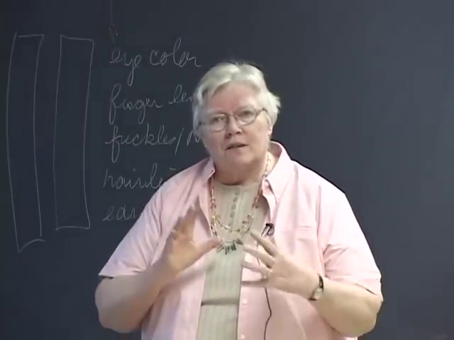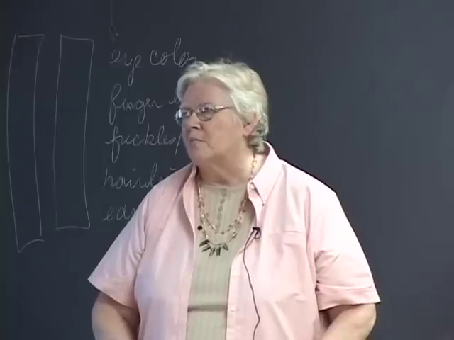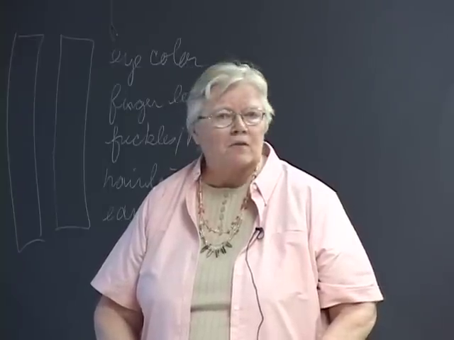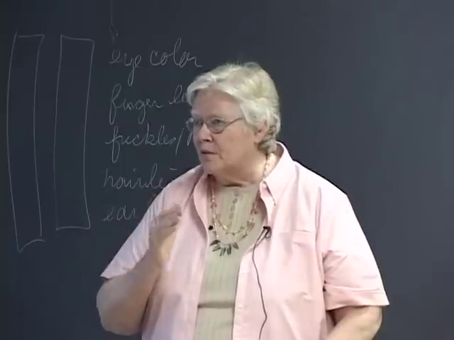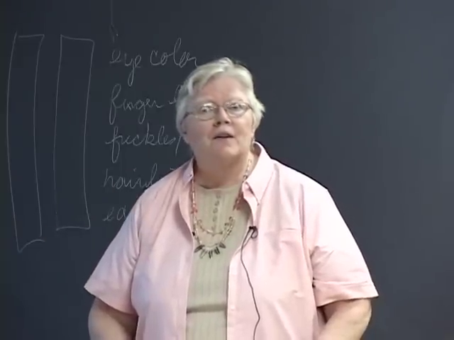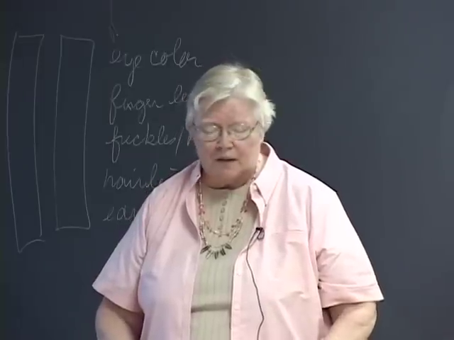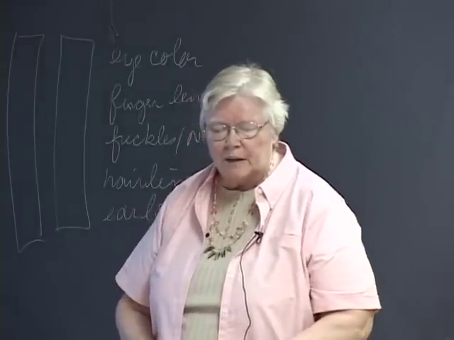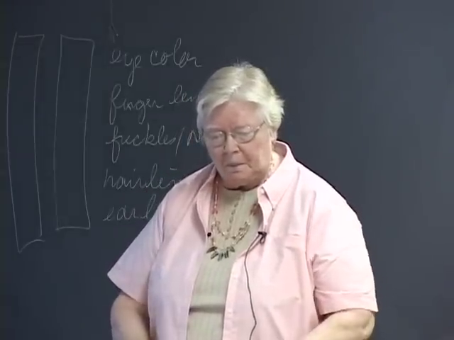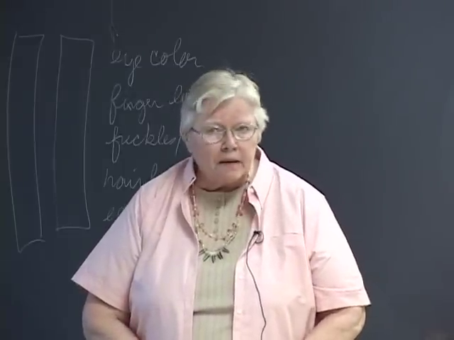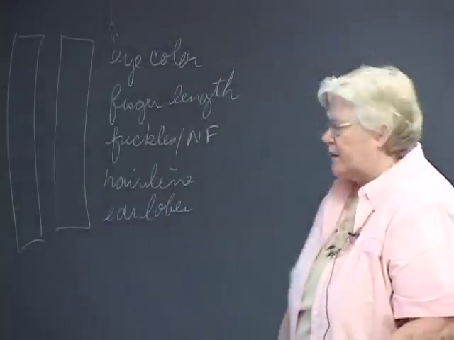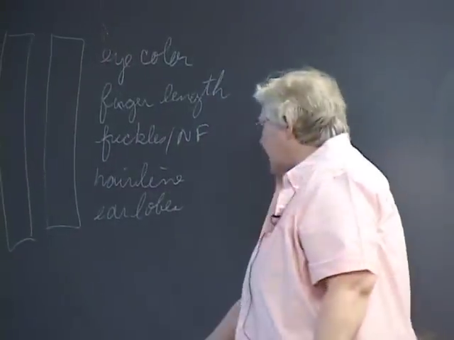Other times you see that everybody in the family looks quite a bit alike. But as you look around the world, you can see there's a huge amount of variation, and that's due to independent assortment.